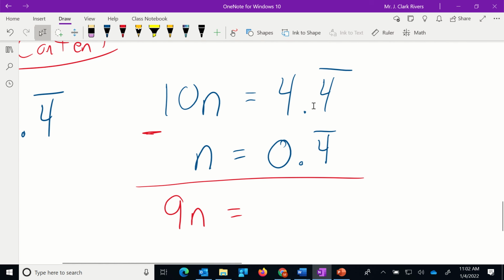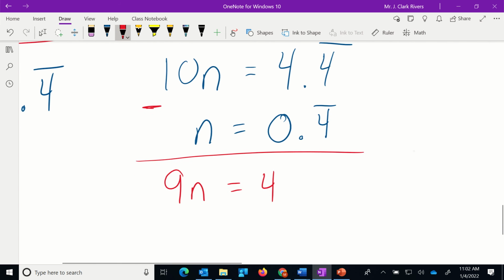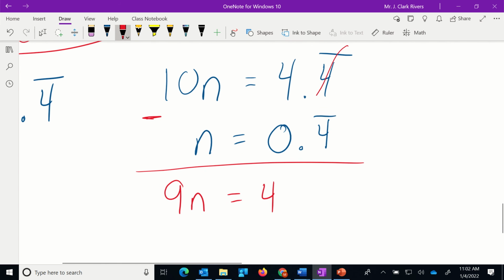Yeah, right? So 0.4 repeating, like 0.4 forever, minus 0.4 forever, that's going to become 0. What is 4 minus 0? 4. Are we good on that? Right? These go away. Because 0.4 repeating minus 0.4 repeating, gone. 4 minus 4 is 0, 4 minus 4 is 0, 4 minus 4 is 0. You get the idea.